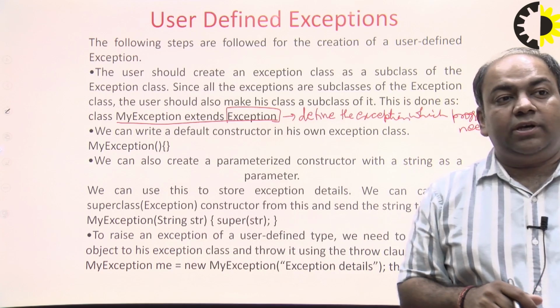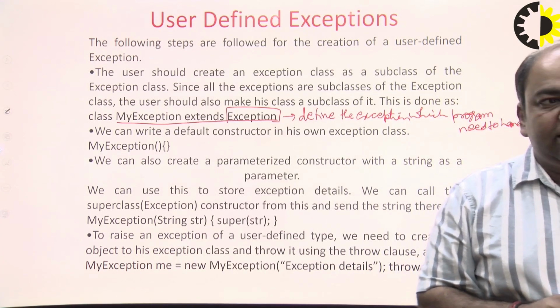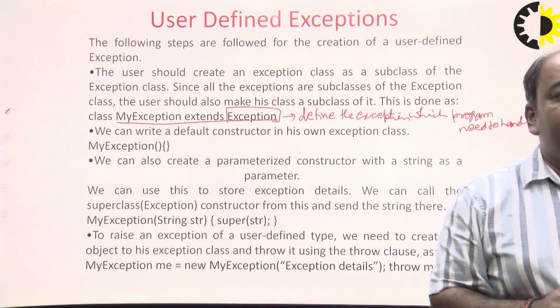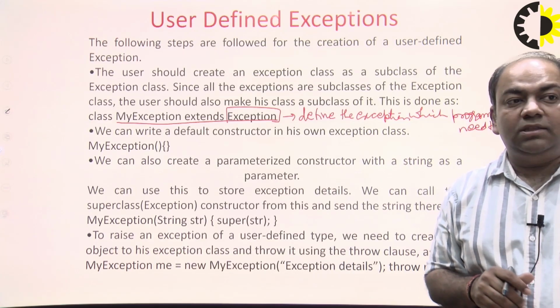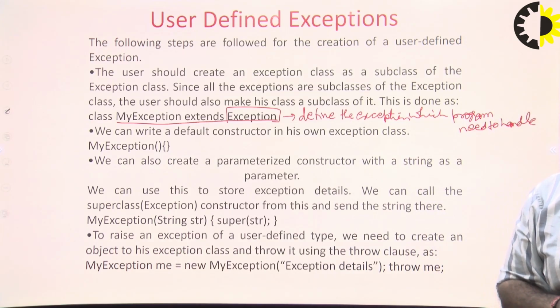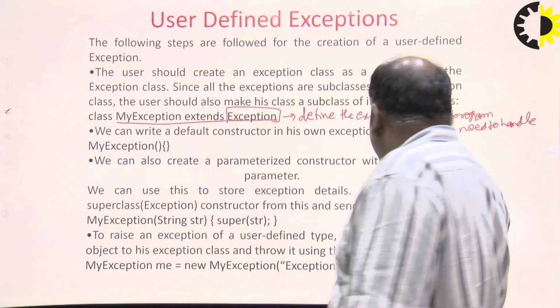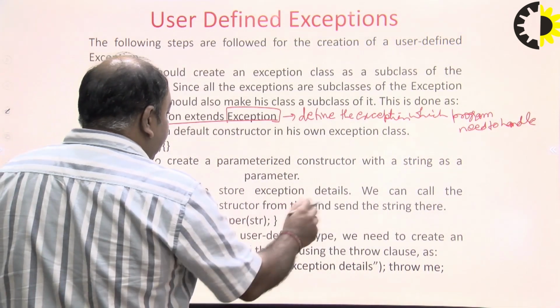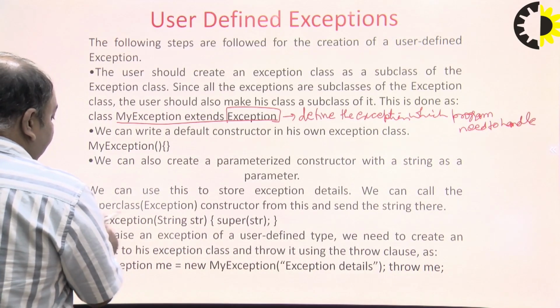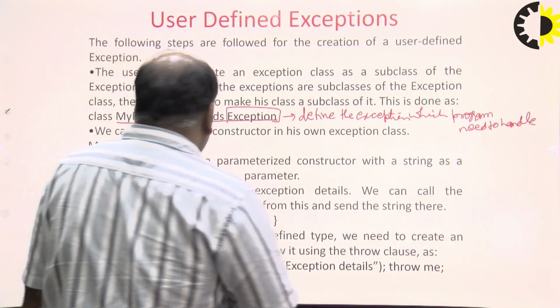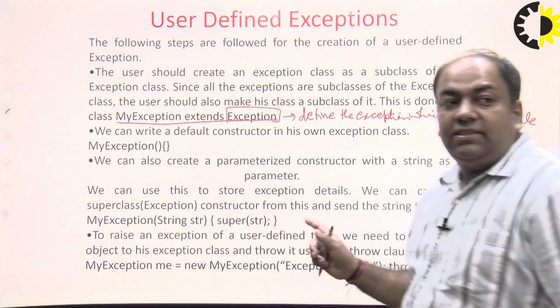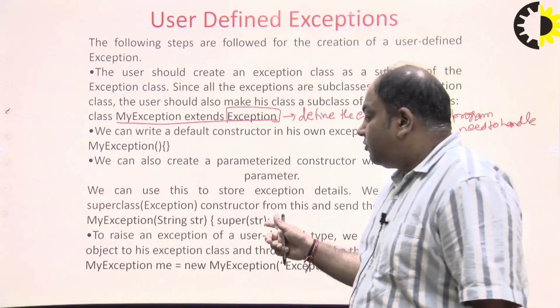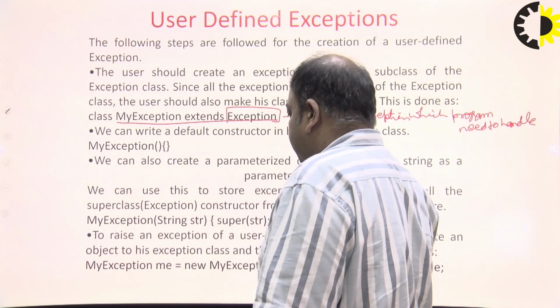We can also create a parameterized constructor with a string, and we can also use this to store exception details. Like I have shown, we can call the superclass exception constructor from this and send the string there, meaning MyException string and super string. So this super string is created from the superclass of that exception.